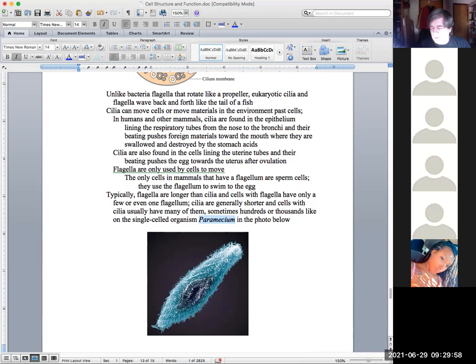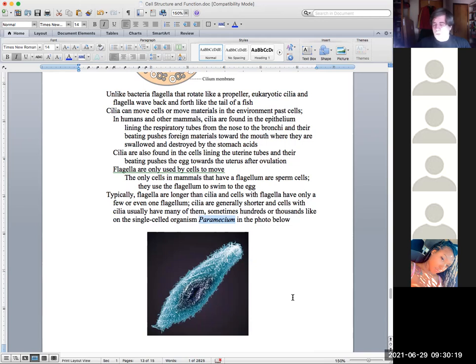All sperm cells, almost, we can't say anything for everything with living organisms, but almost all sperm cells swim to the egg cell using flagella. And there are actually some types of organisms that produce egg cells with flagella too. So the egg cells swim, not just the sperm cells.